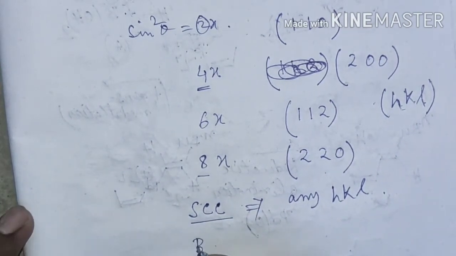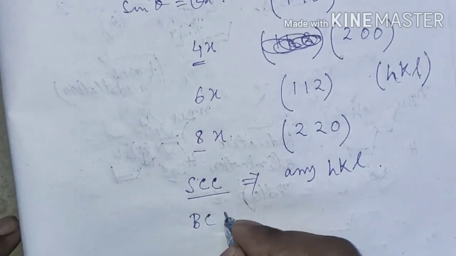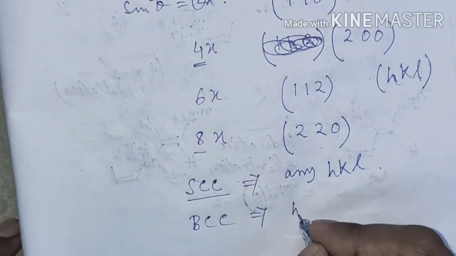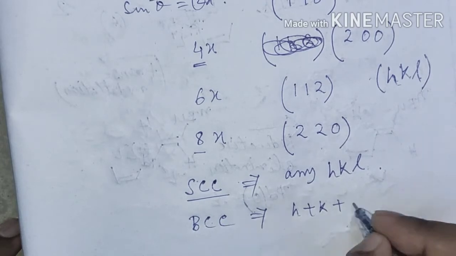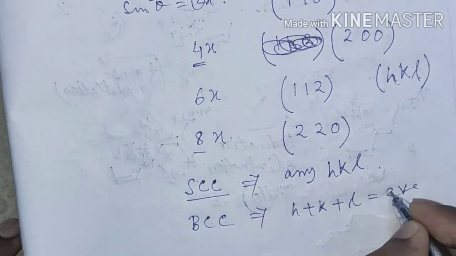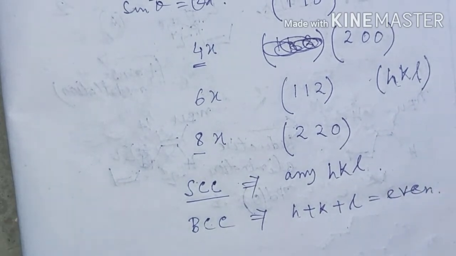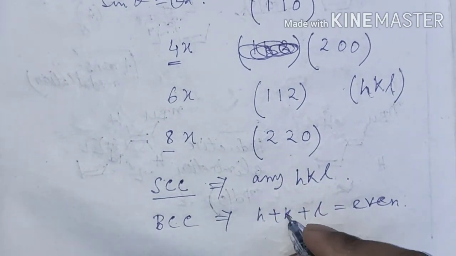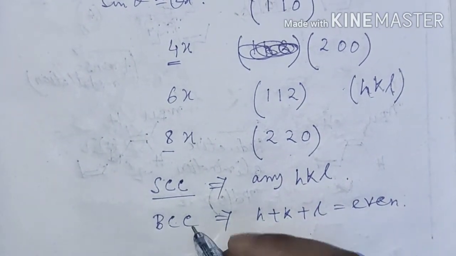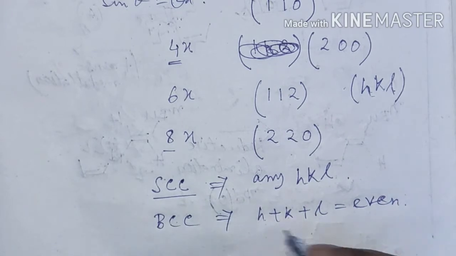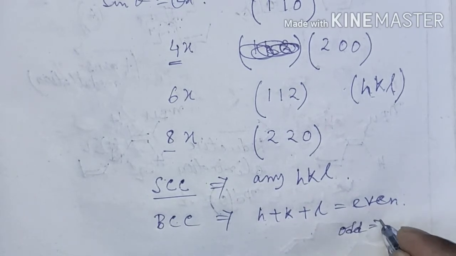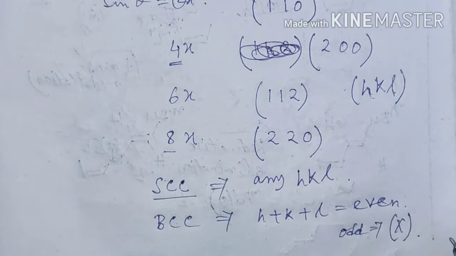For BCC crystal, the summation of H plus K plus L must be even. For allowed reflection, the summation of H, K and L for a BCC lattice will be even. If it is odd, then the reflection will not be allowed.